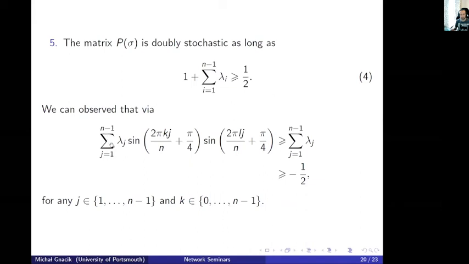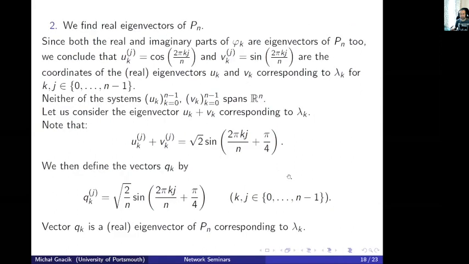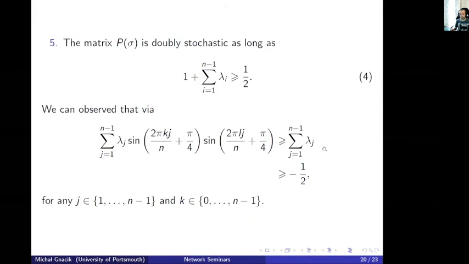So if I look at this, this is exactly the entry. Because this has to be greater or equal to 0, I can multiply it by n, subtract 1, and then divide it by 2. So in fact, I'm going to get this expression there. Because the entries of this matrix are sines, and we know that sines are bounded above by 1, but the lambda j's are negative.